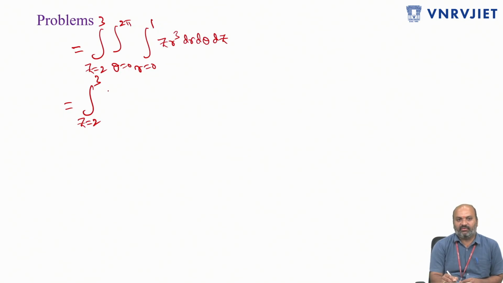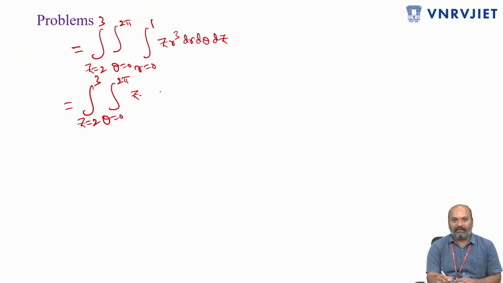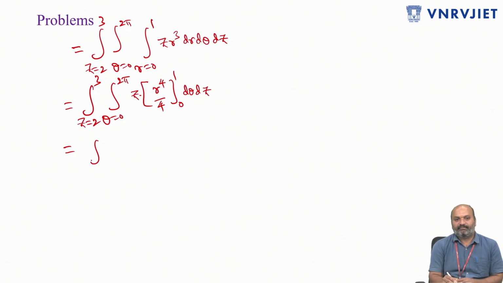z varies from 2 to 3, theta varies from 0 to 2 pi, and z is constant. Integrating with respect to r, the integral of r cube is r to the power of 4 by 4, upper limit is 1, lower limit is 0, d theta into dz. Let's substitute the limits.